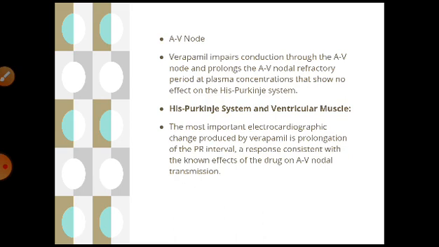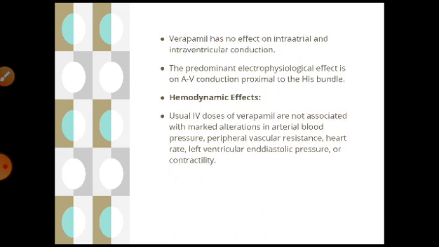The most important electrocardiographic change produced by Verapamil is prolongation of the PR interval, a response consistent with the known effect of the drug on AV nodal transmission. Verapamil has no effect on intra-atrial and intraventricular conduction. The predominant electrophysiological effect is on AV conduction, proximal to the His bundle.